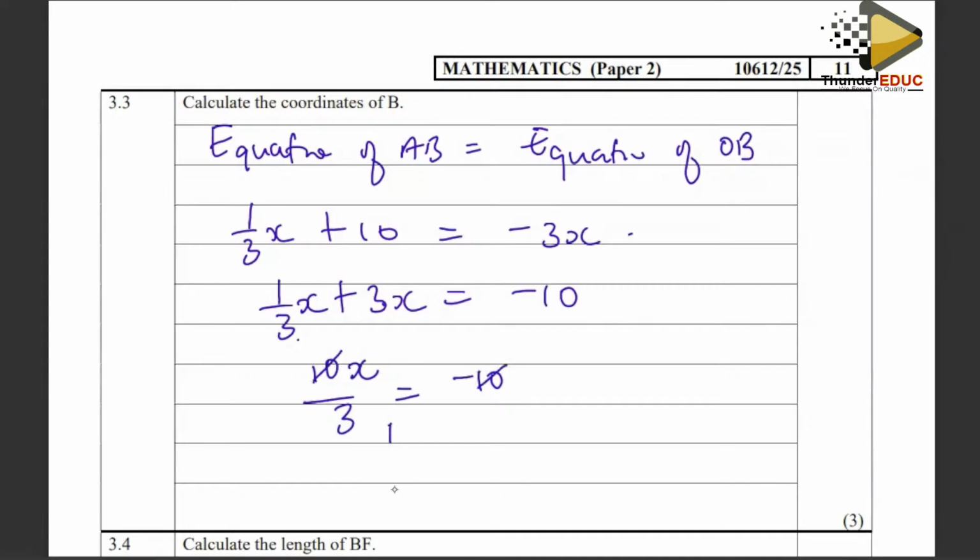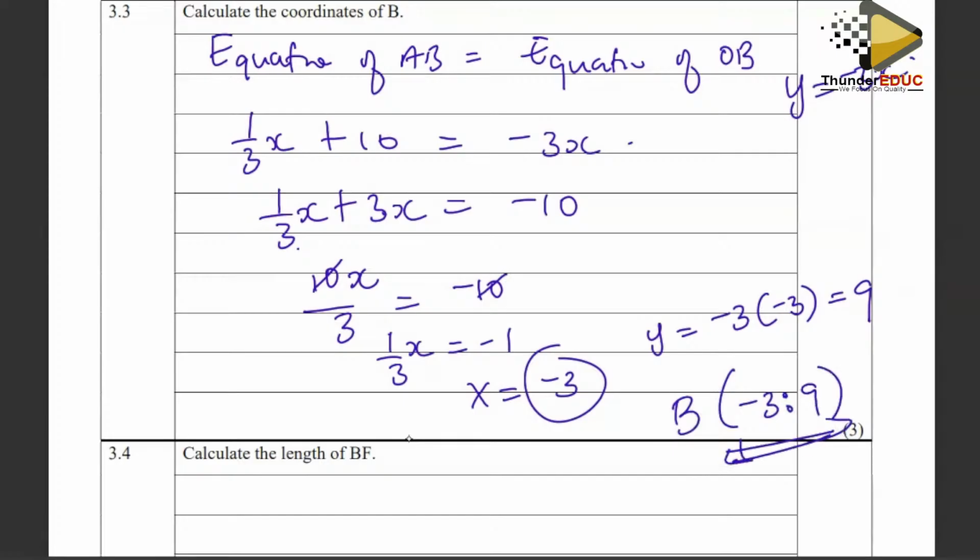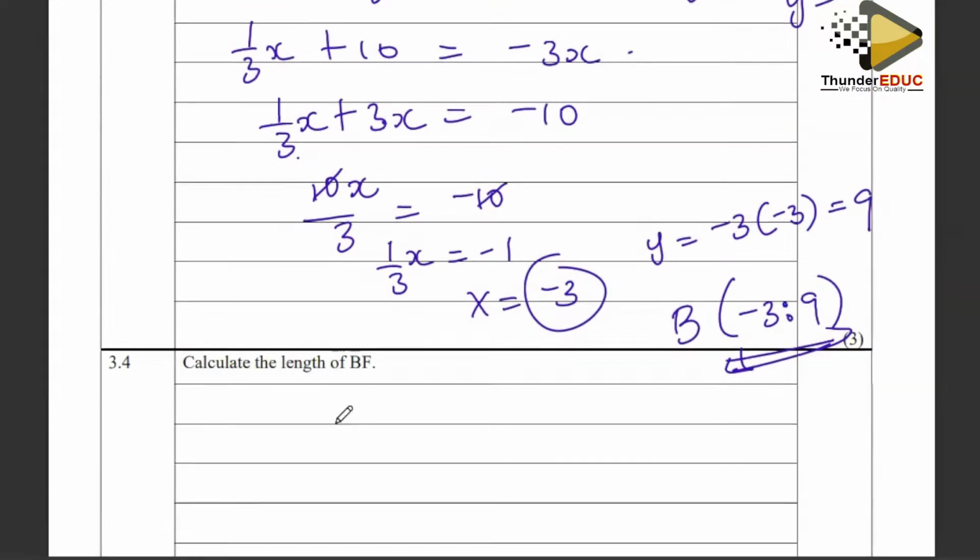So it's a third of x equals negative 1, and then x becomes negative 3. If x is negative 3, let's use the other equation, negative 3x, to find y. Negative 3 times negative 3 becomes 9, meaning that B is negative 3 and 9. That is how I would have gone about this to get the 3 marks.